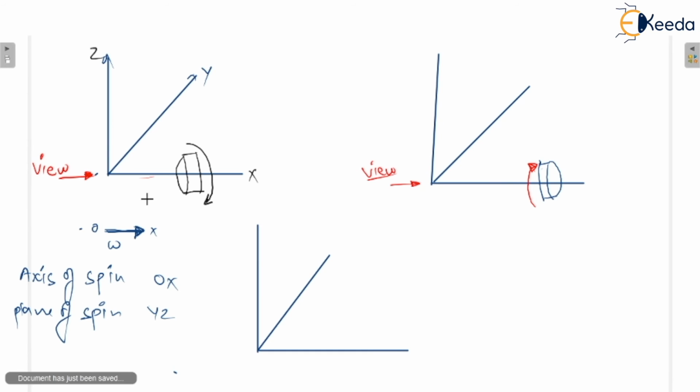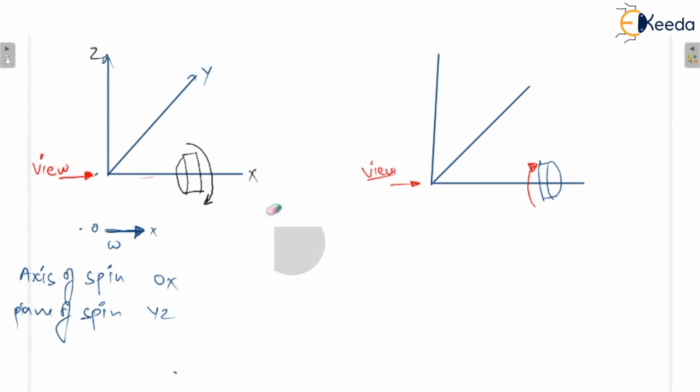So what is the process for finding out the axis of the spin? This case we will consider in the next page. What would be the axis of the spin? Axis of the spin means the direction of angular velocity. Okay, so see here, you have to place the right hand in such a way that the thumb is perpendicular to the fingers and rotate the fingers in the sense of rotation, that is anti-clockwise.